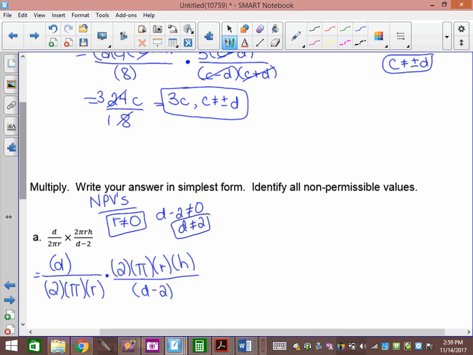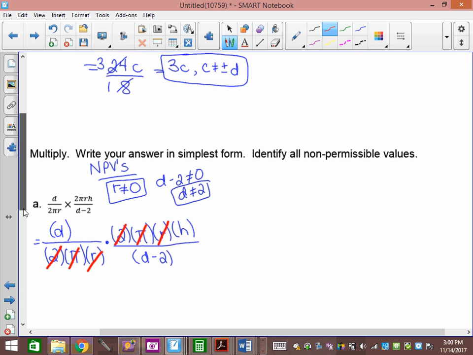Okay. We look at the top and the bottom, the numerator and the denominator, to see if there's anything we can cancel. The pi's can cancel. The r's can cancel. The 2's can cancel. Can this d cross off this d? No. This is a d in its own brackets. This is a d minus 2. It's a totally different thing.